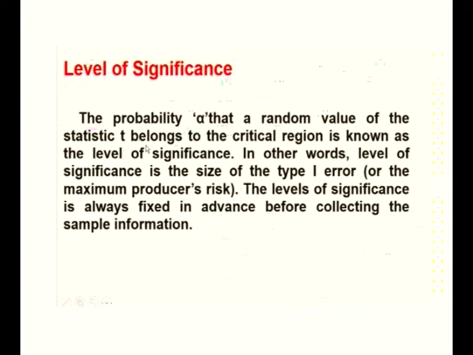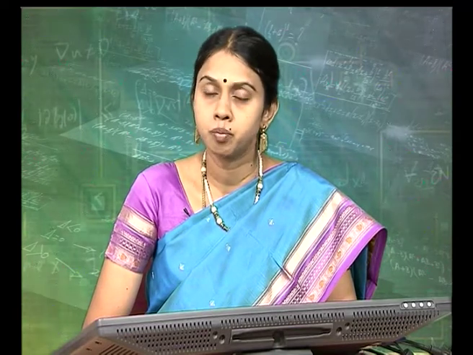Next terminology is level of significance. Whenever you draw an inference about the population, we are not 100% sure. That kind of discussion we have done in the previous session when dealing with the sampling distribution, because 100% inspection is also not possible, as the population is infinite and it is not possible in some of the cases.